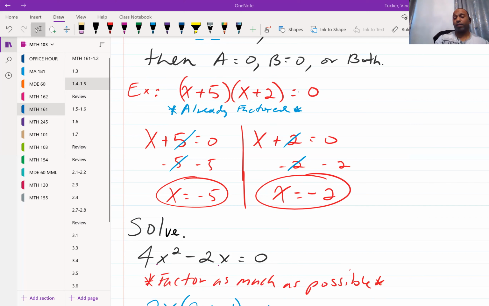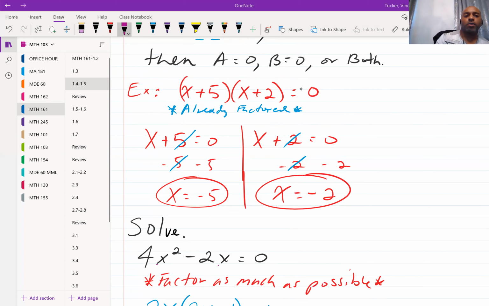If you FOIL it back out, you're going to expand it out, and then what's the next move? Here you break it down so that my next move is x plus 5 equals 0, x plus 2 is equal to 0. That's why you're breaking it up. So x plus 5 equal A, and then x plus 2 equal B? Yep, you can look at it that way from the setup.